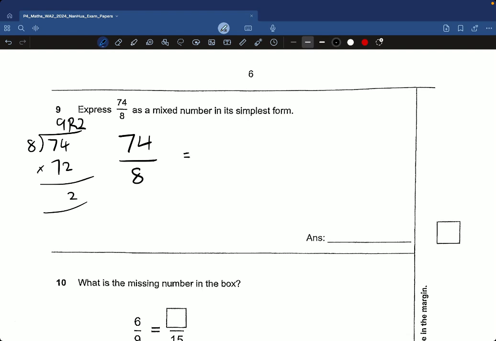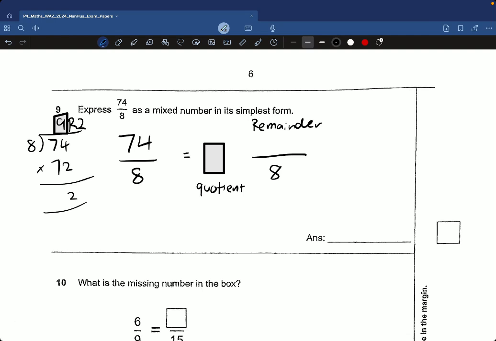So usually for any quotient where you are dividing, so this is the quotient. So the quotient is also 9 over here. Okay. Then we put the remainder at the top over the denominator, which is 8.